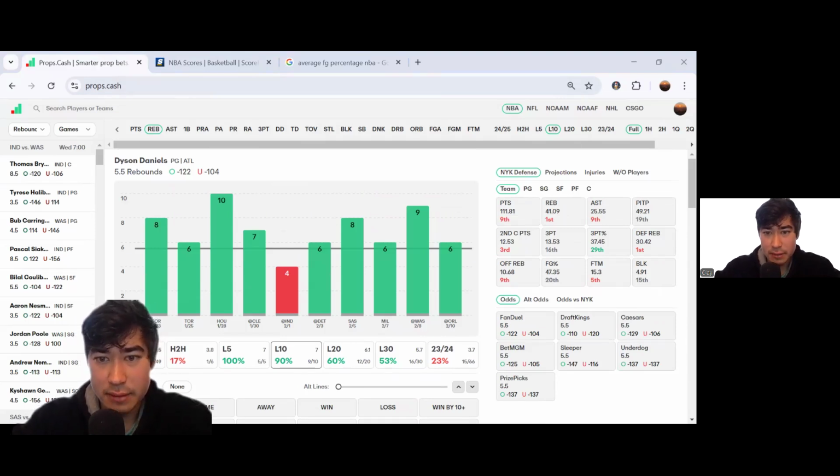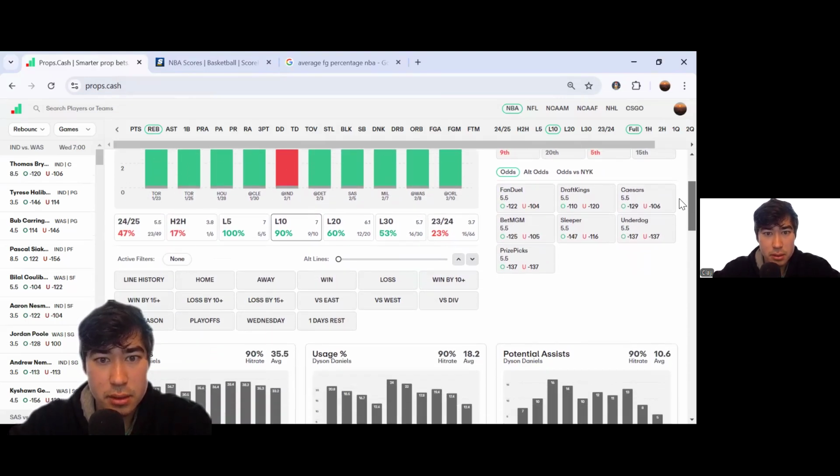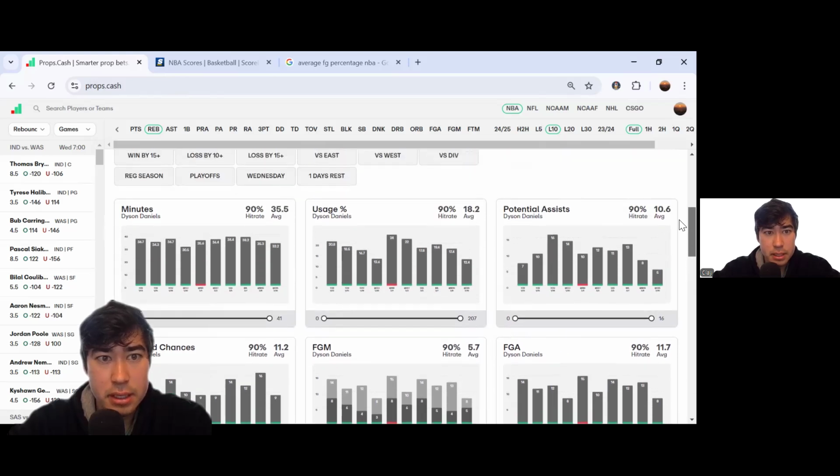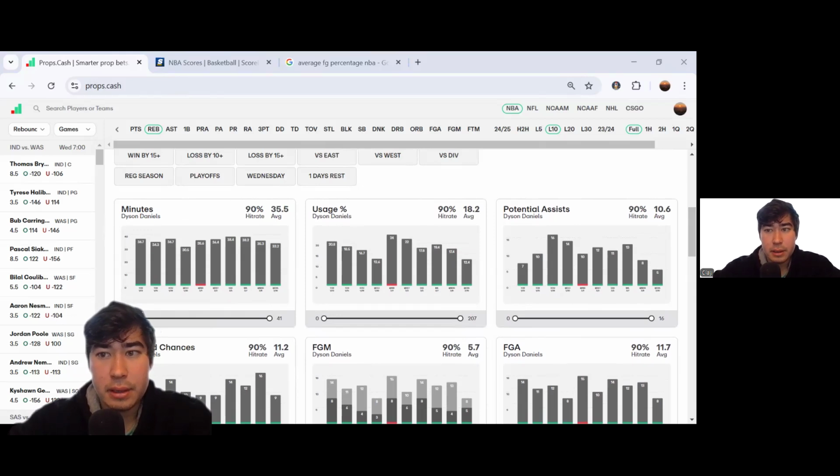He's averaging 7. And then we want to make sure he's getting minutes. They need to be getting minutes if we're gonna go on their overs. So we look at his minutes. He's getting 35.5 minutes, ton of usage. So he's a clear over. This is a 1.5 edge on the over, and we're gonna take the over here.